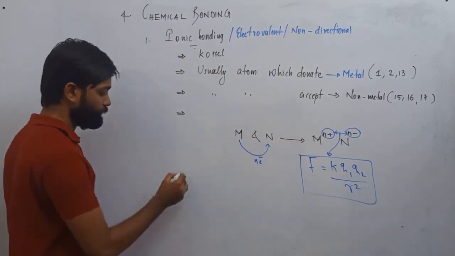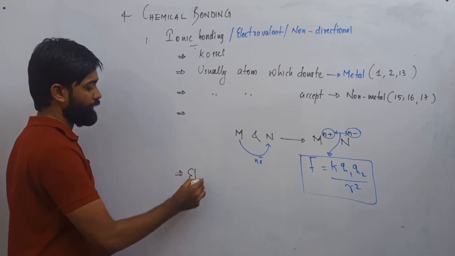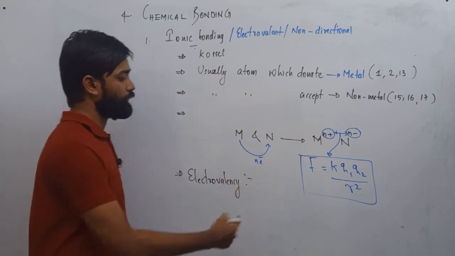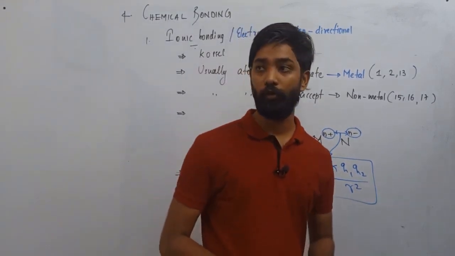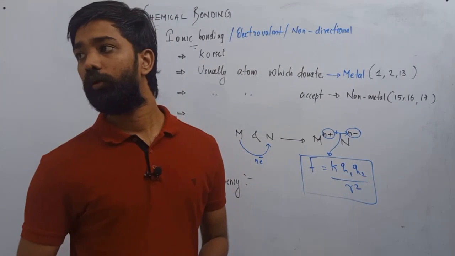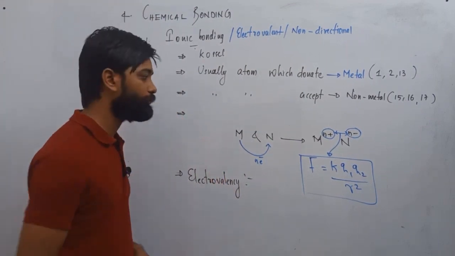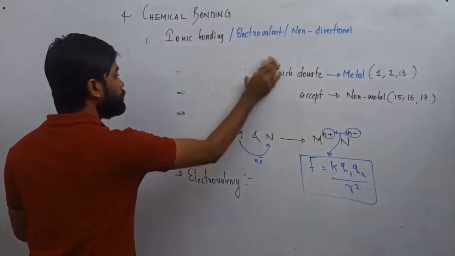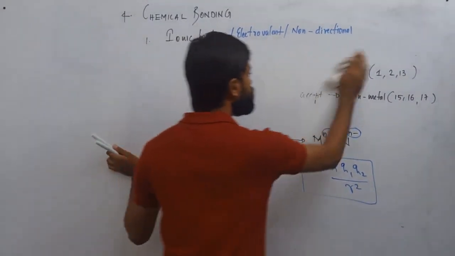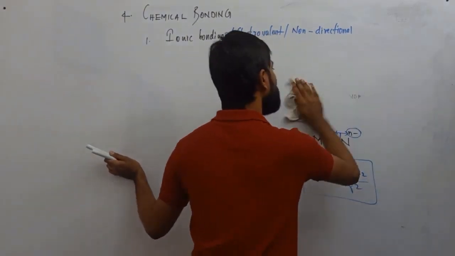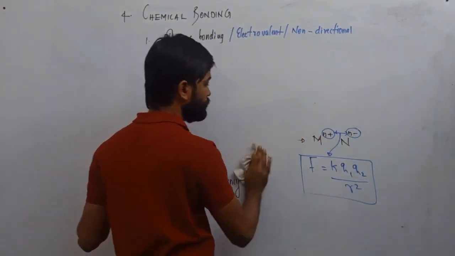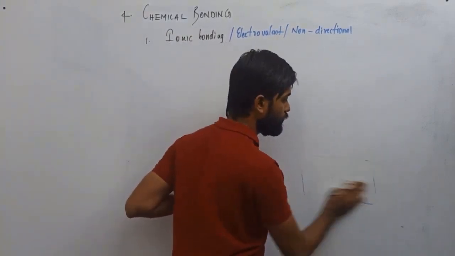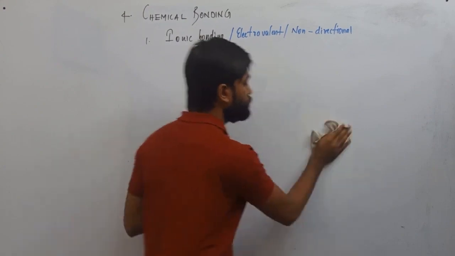Electrovalency is the number of electrons lost by the metal or the number of electrons gained by the non-metal. Let me show some ionic compounds using the octet rule, where we can find the electrovalency.